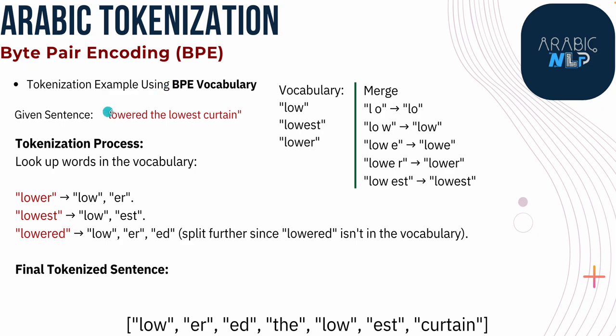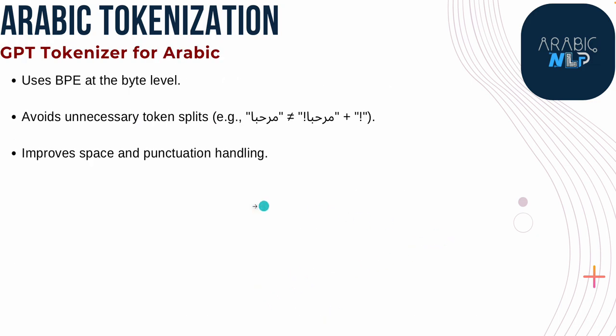So when it comes to a new sentence in English, using my vocabulary and merges, for example for lowered or lowest, I see that I have merged low, and I have ER, so I consider that a token, and I complete this process until I have the final tokenized sentence. This is pretty much how it works.